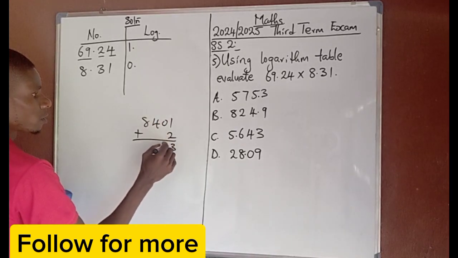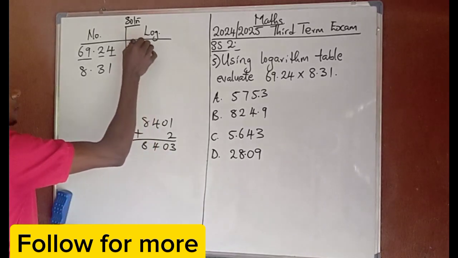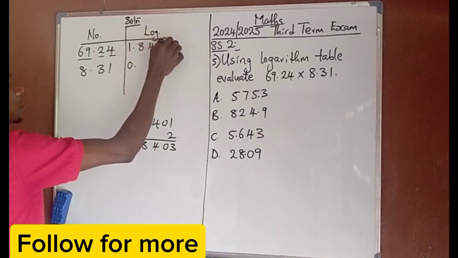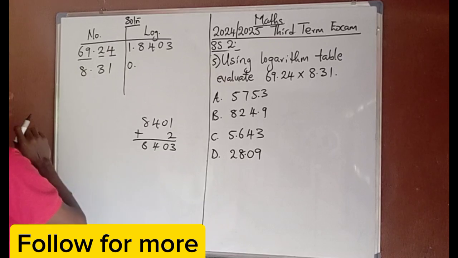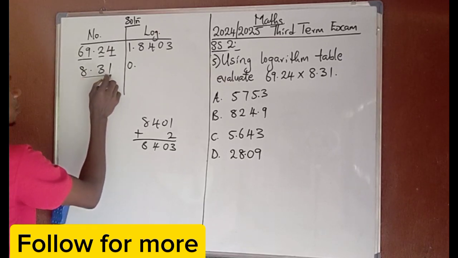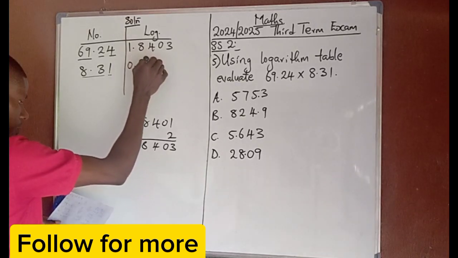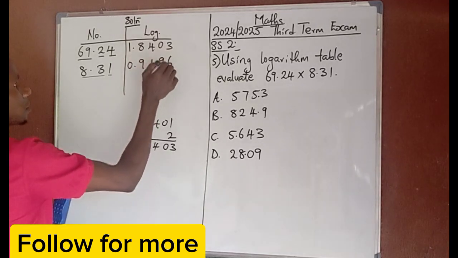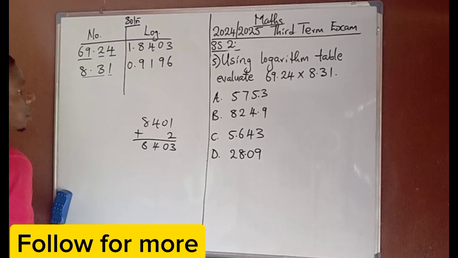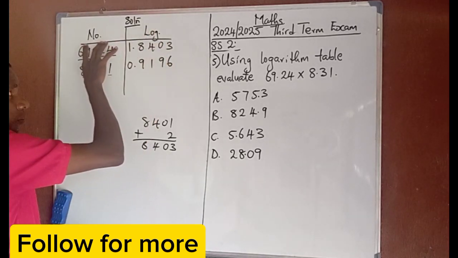So this will give us 8403. For the second one, we need to look for 83 under 1, and when we do that, we are going to have 9196. Now, these are the logarithm values of these numbers.